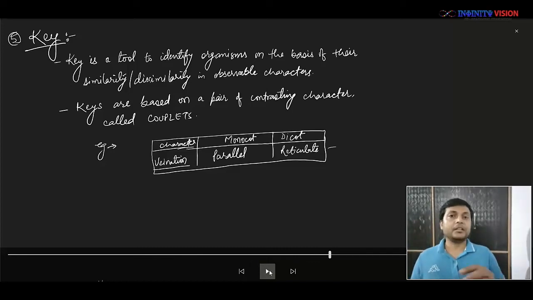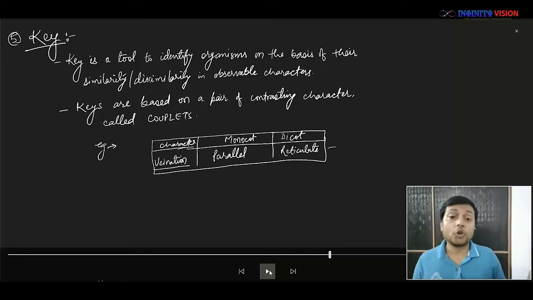Parallel as in there will be many veins which are all parallel to each other in a leaf. Whereas reticulate venation is network-like. So it is not parallel; there is one midrib, and that divides and divides and divides to form a network-like structure. And this kind of venation is called reticulate.